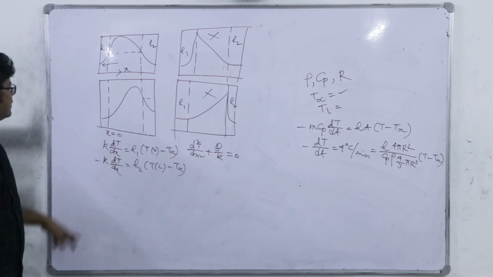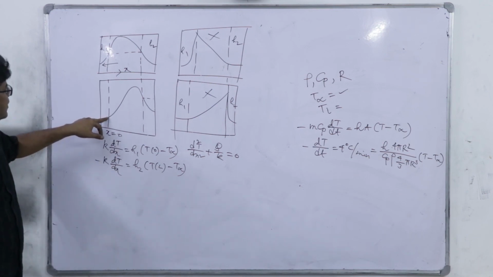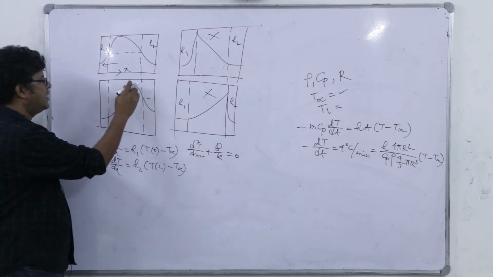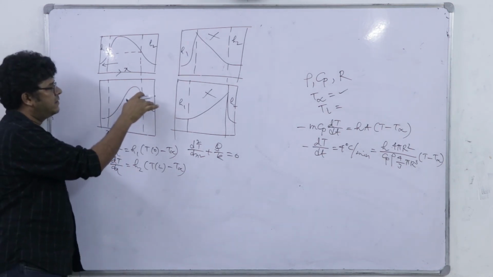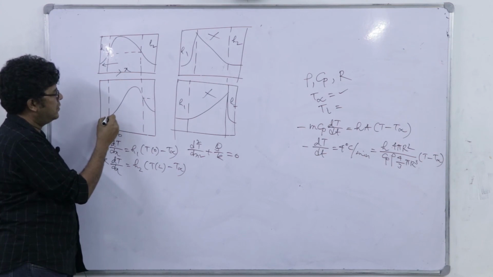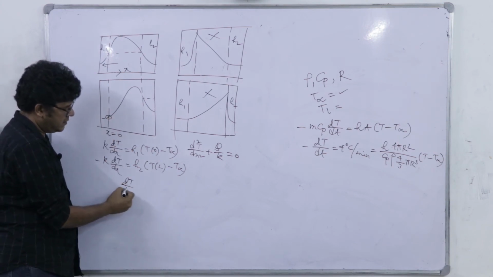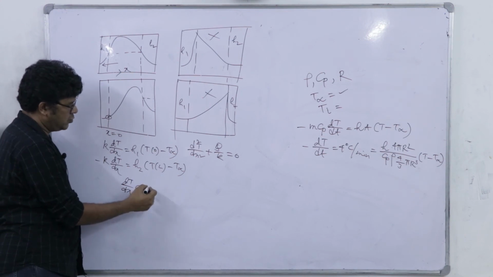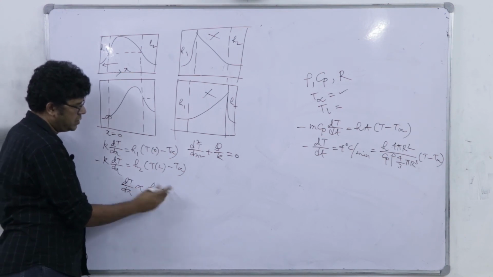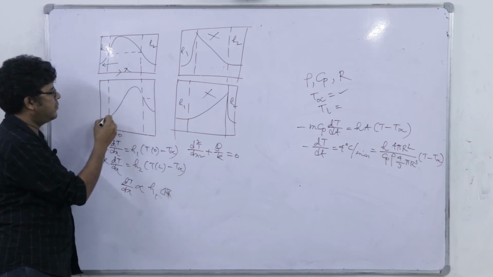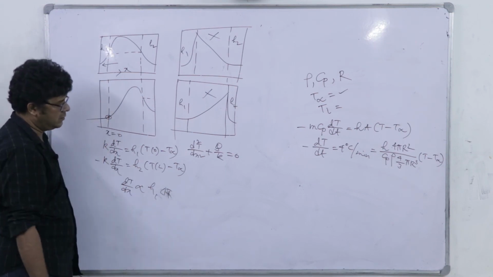So, let us check this. Here T0 is lower, or they are actually close, not very different, but some difference is there. So, here dT/dx is proportional to h1 into delta T, the temperature difference. Here the temperature is low, so it goes down.